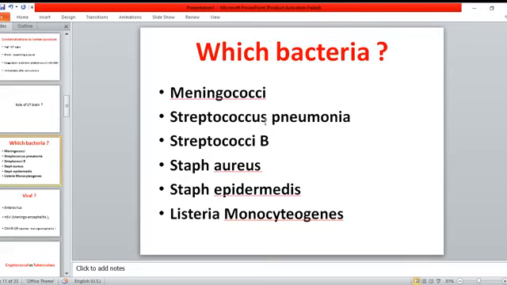So that's a meningococcal infection. That's the most likely organism in this scenario.